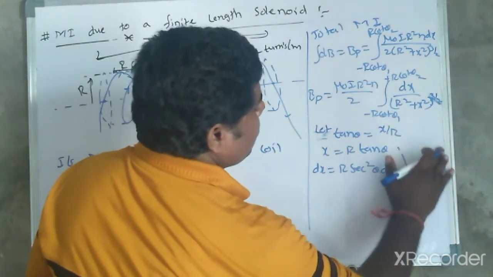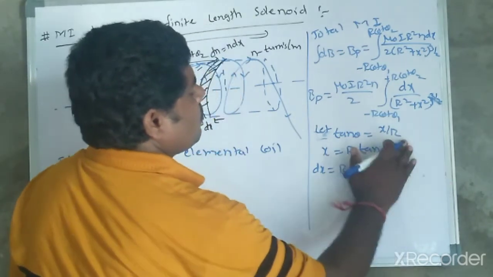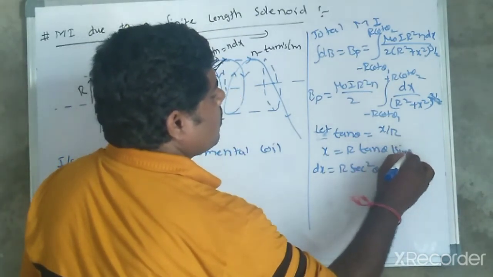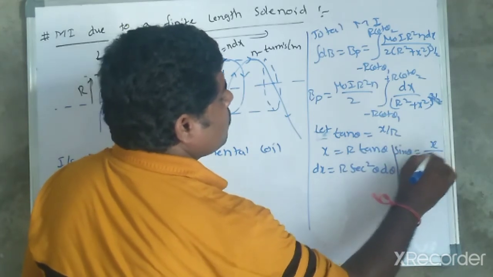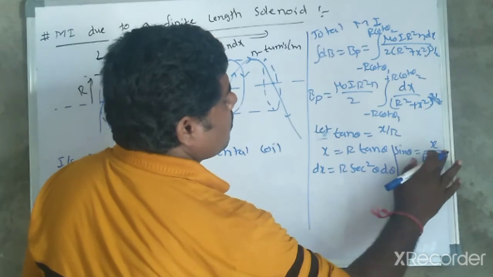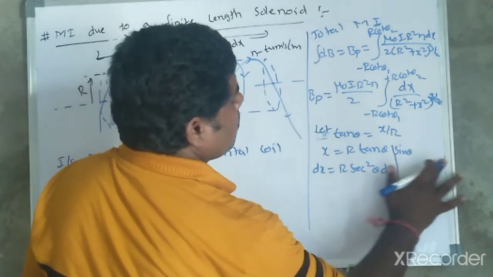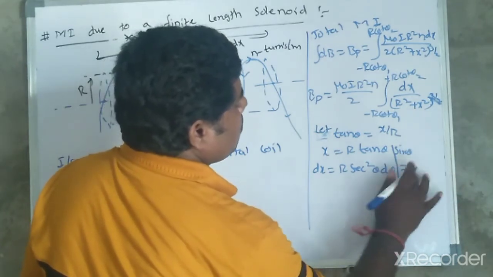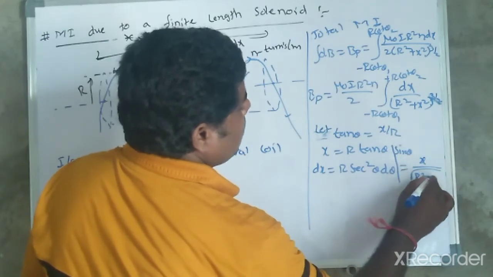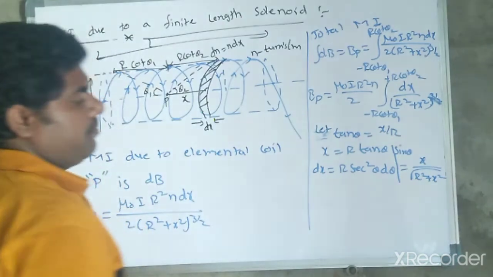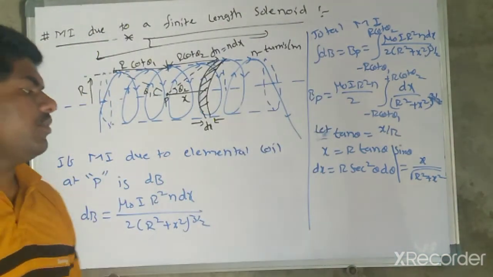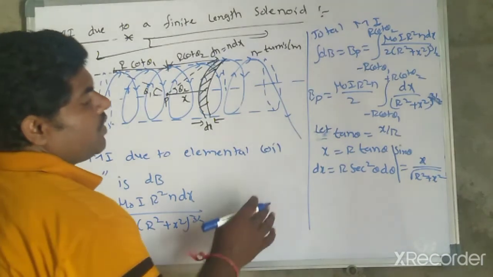Whenever tan theta is equal to that value, sin theta is equal to x divided by root of r square plus x square. And the limits are also known, and you may substitute this value so you will get it directly.